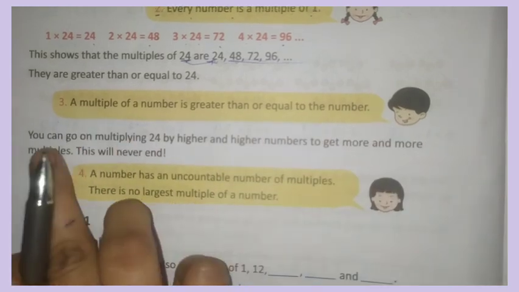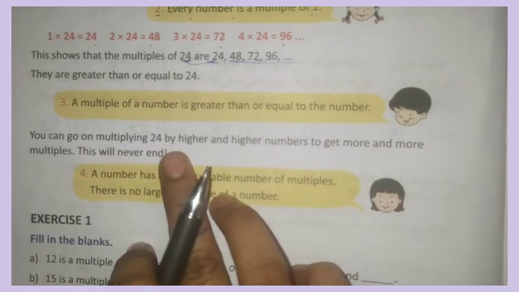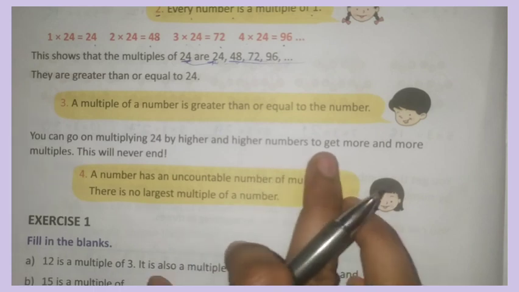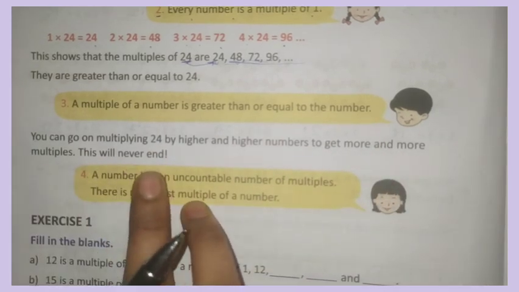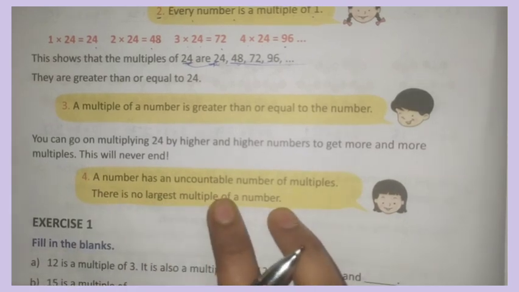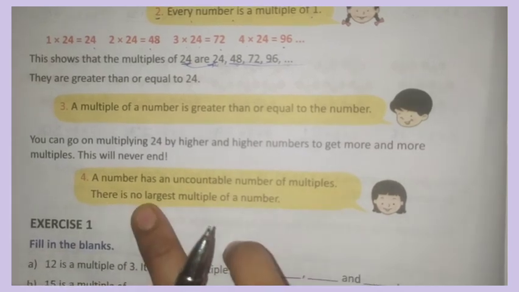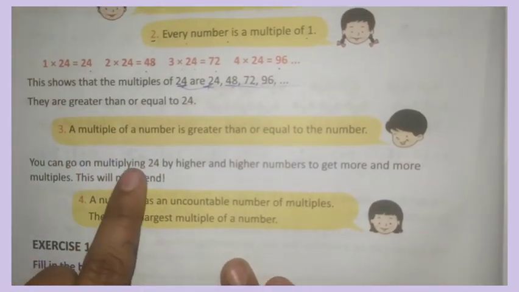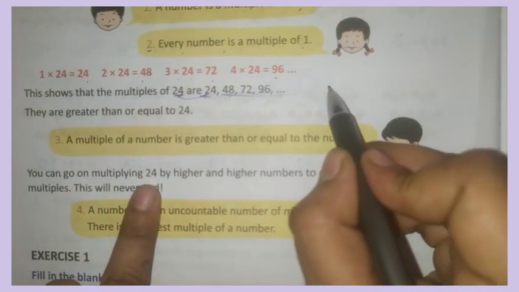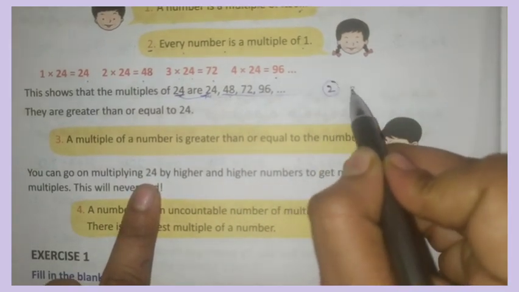Okay. You can go on multiplying 24 by higher and higher numbers to get more and more multiples. This will never end. As a number has an uncountable number of multiples, there is no largest multiple of a number. Yes, we can write so many multiples of any number. For example, 2. 2 tens are 20.